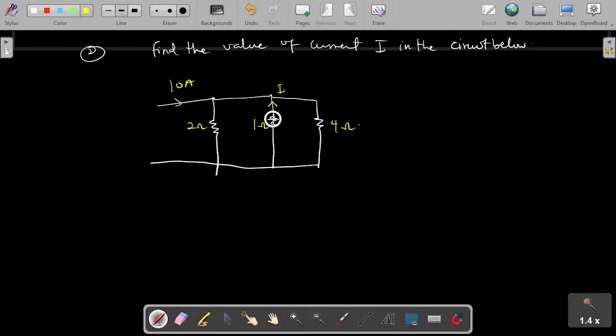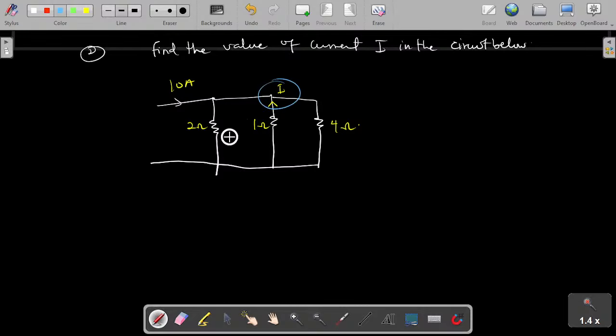So to find the current I here, we need to analyze the circuit very well, right? So our goal is to find the value of the current I in the circuit below. So within this circuit, where is I? This is I. We can locate I here.